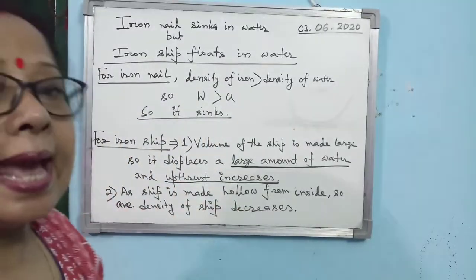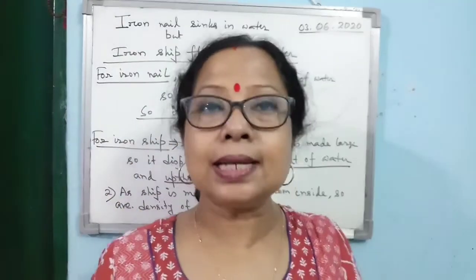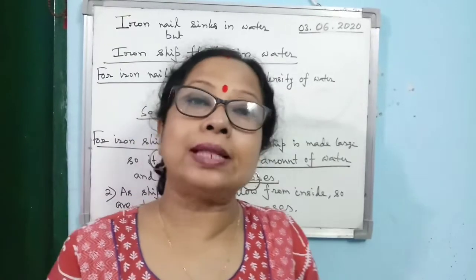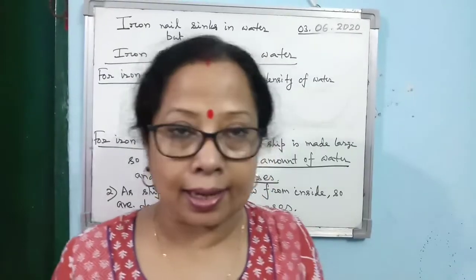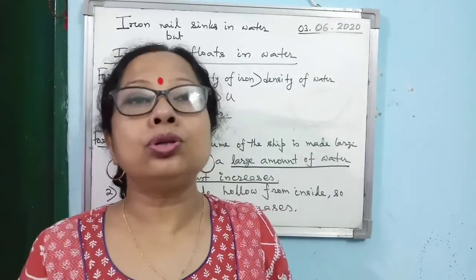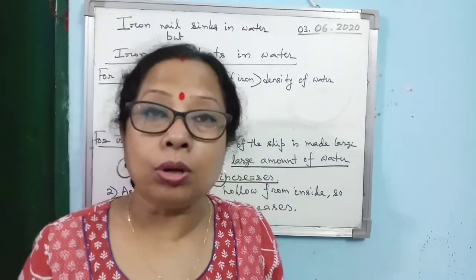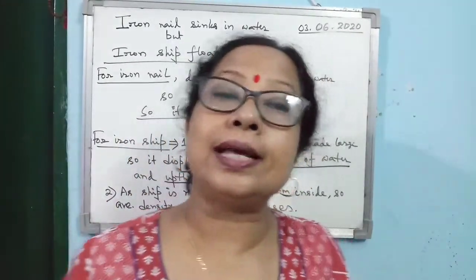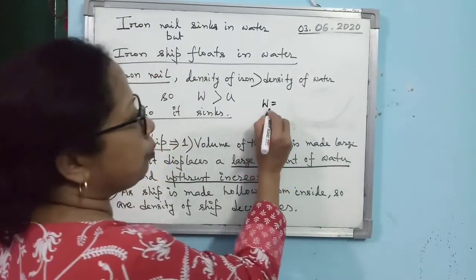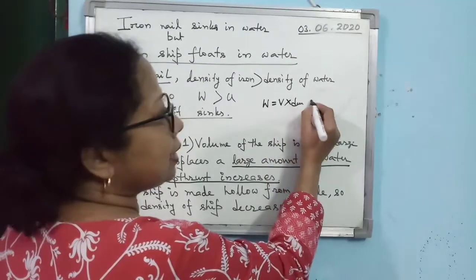Then the next point: inside, the iron ship is almost hollow, isn't it? Hollow means air is there. So if you find the average density of the air and the iron present within the ship, then because the ship is made hollow from inside, the average density decreases. Now you know the weight of the iron ship is volume of the ship times density times g.